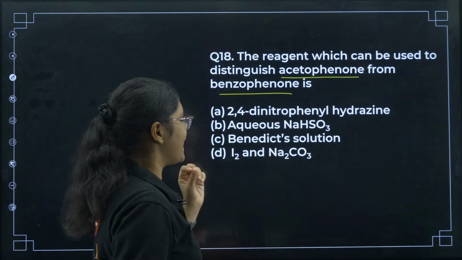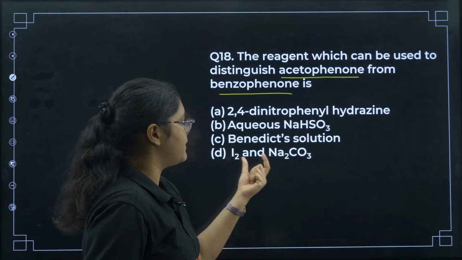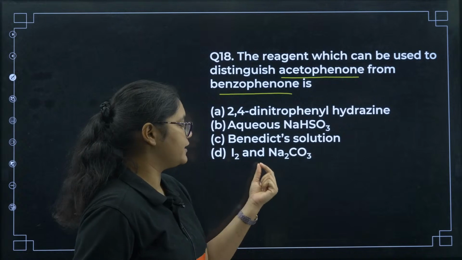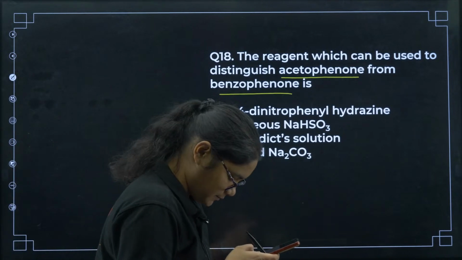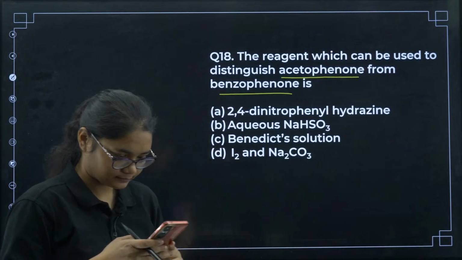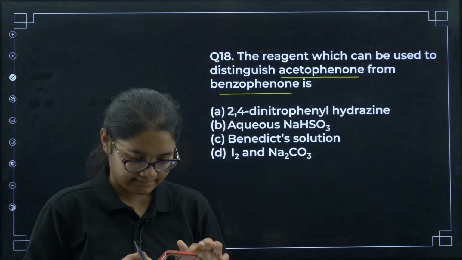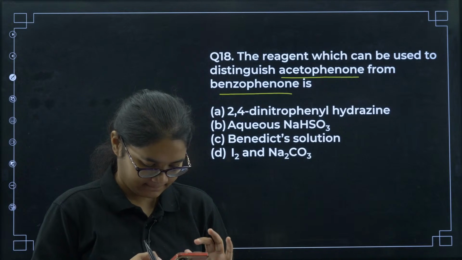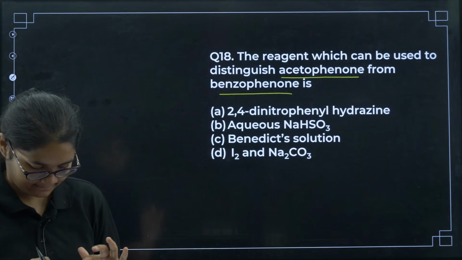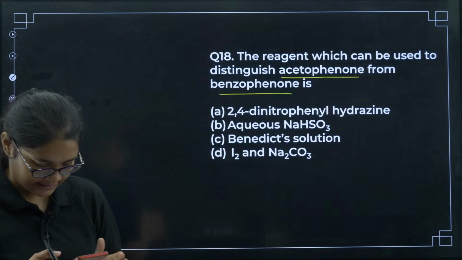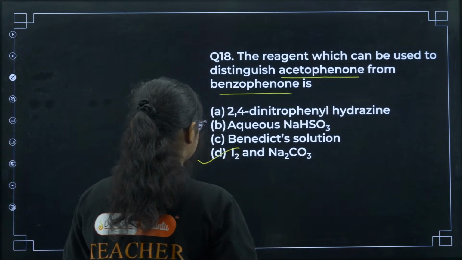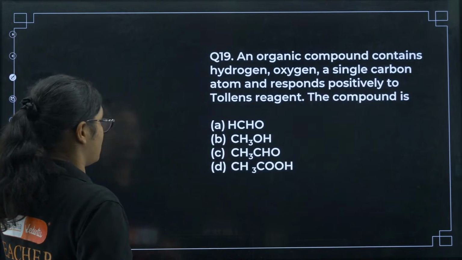The options are 2,4-dinitrophenylhydrazine, aqueous NaHSO3, Benedict solution, I2 and Na2CO3. Yes, this is your iodoform test. Option number D is the correct answer.